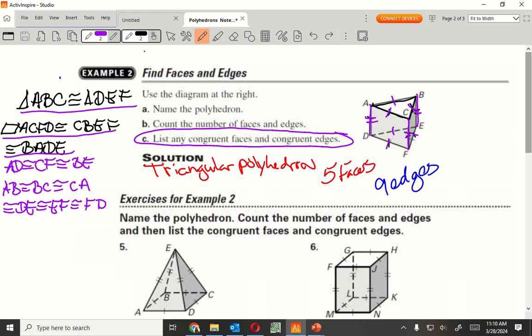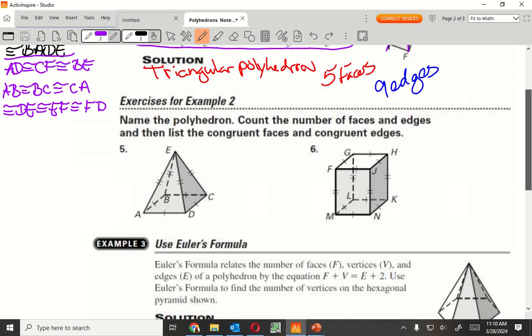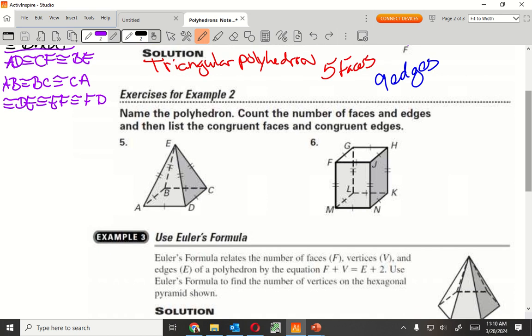So, does this one have anything congruent to it? The bottom is not congruent to anything. So the bottom face, the square on the bottom, is not. So that one has congruent sides, but it doesn't have a congruent face. So this one's a pyramid.